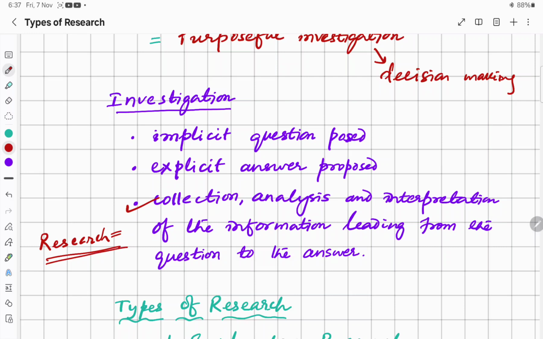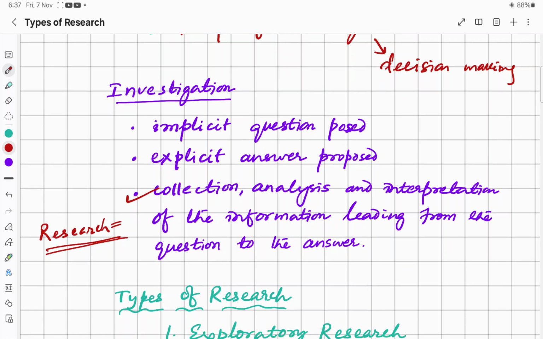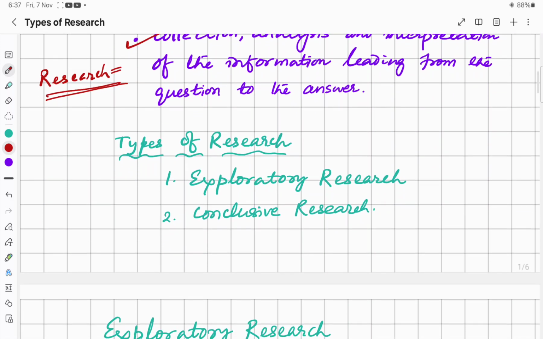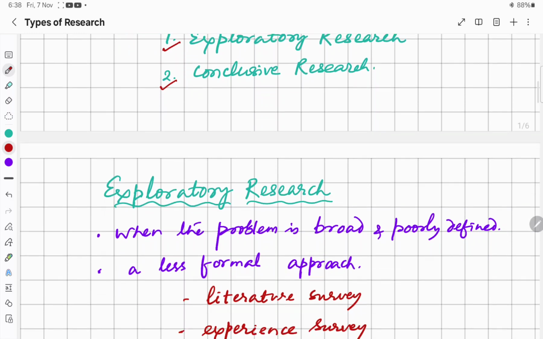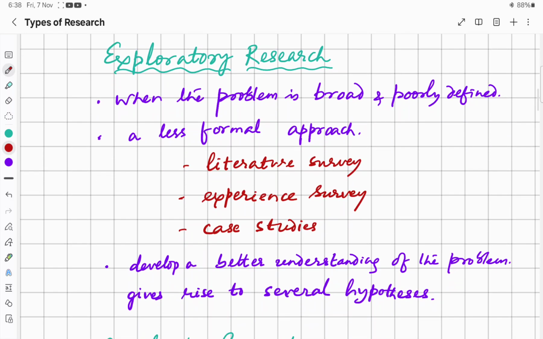Now, types of research. On the basis of the fundamental objectives of the research, we can classify research into two types. One is exploratory research and the other is conclusive research. And what is exploratory research?